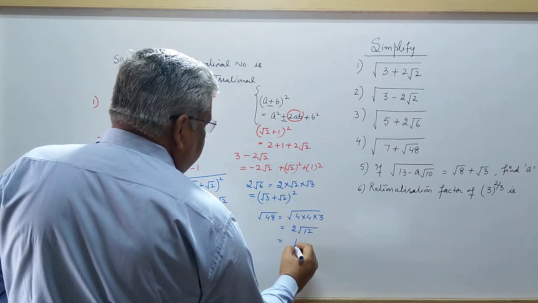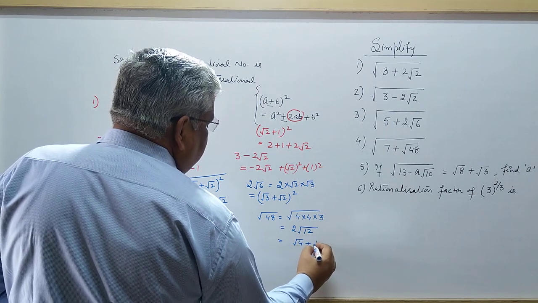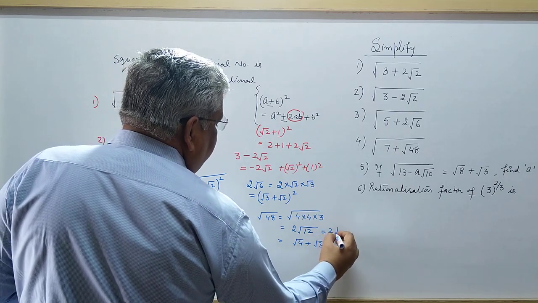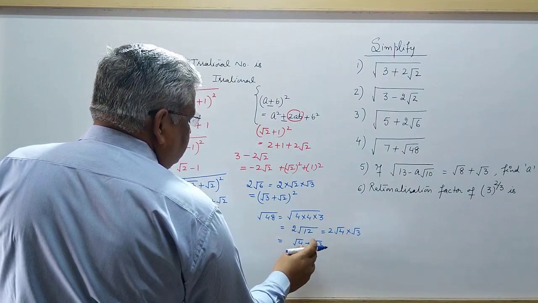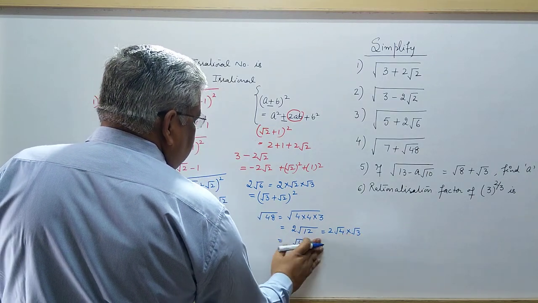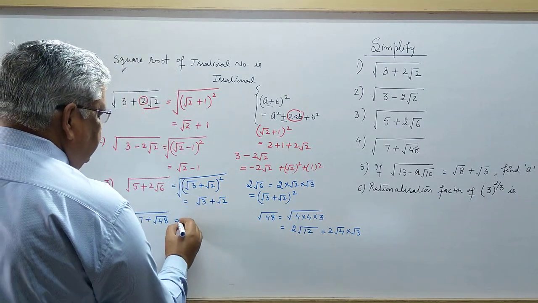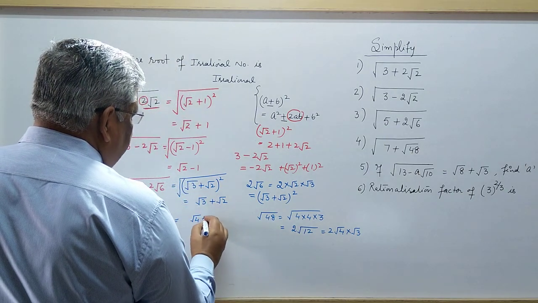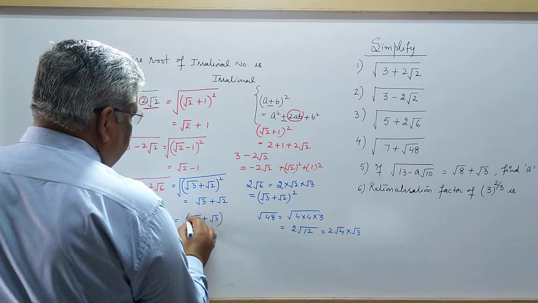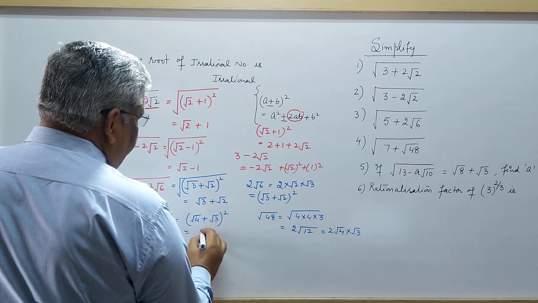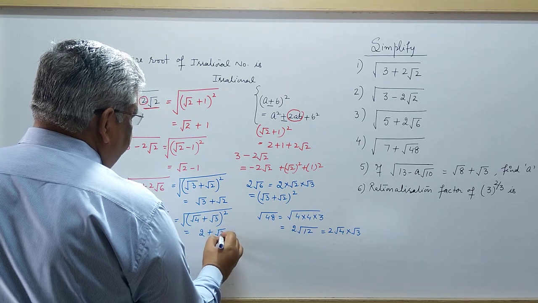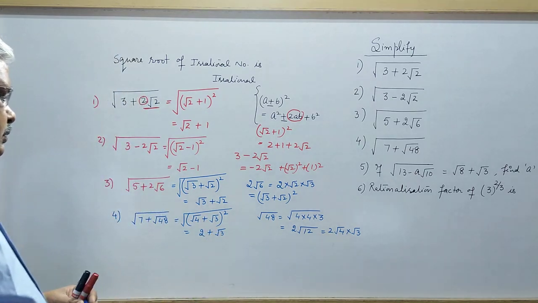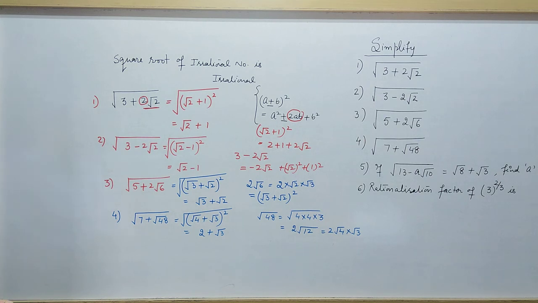It means root 4 plus root 3, because it can be written as root 4 into root 3. It means this can be written as root 4 plus root 3 whole square. And on simplification, it becomes 2 plus root 3. Because root 4 can be written as 2.